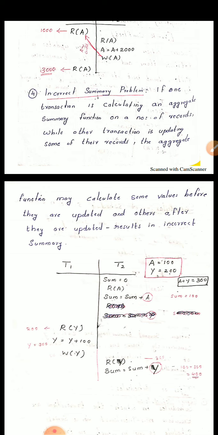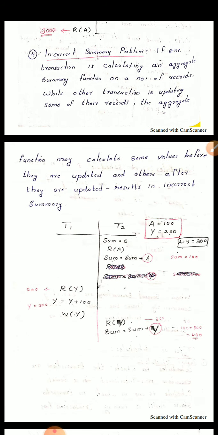It occurs when a transaction reads several values, but a second transaction updates some of them during execution of the first. For example, there are two transactions T1 and T2 and two data items A and Y. For A the value is 100 and for Y the value is 200. Before and after the transactions the state should be consistent, so A plus Y is equal to 300.